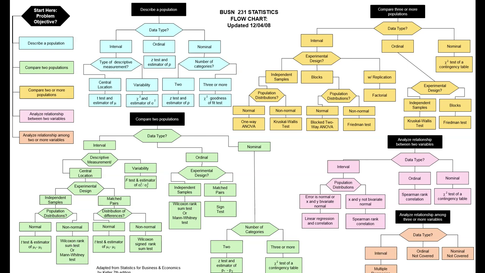So what I am saying is this: at the bottom of all these decision trees, you have a listing of all possible tests, right? T-test for the single mean, t-test for mu1 minus mu2, Wilcoxon rank sum test, Wilcoxon signed rank sum test, sign test, z-test to evaluate p, one-way ANOVA, Kruskal-Wallis test, Friedman test, etc., etc.